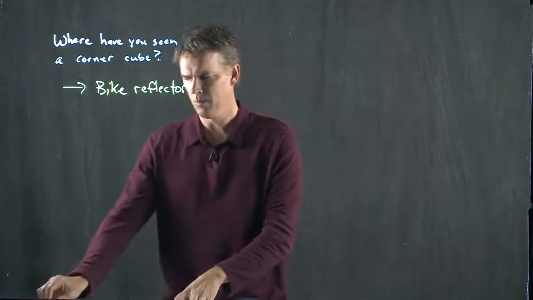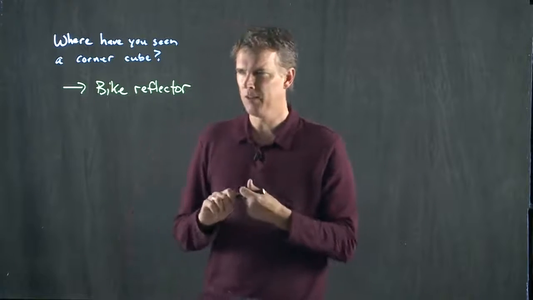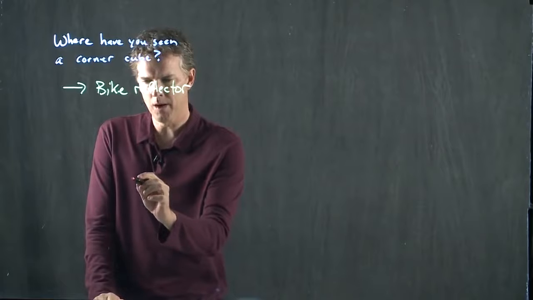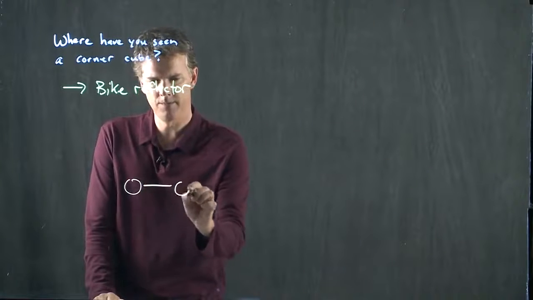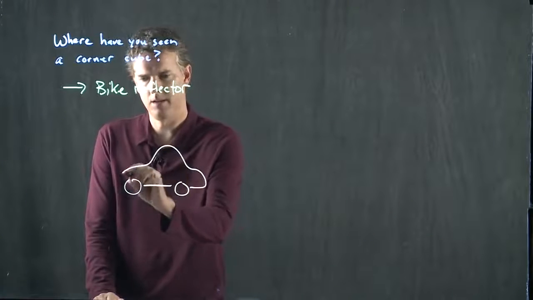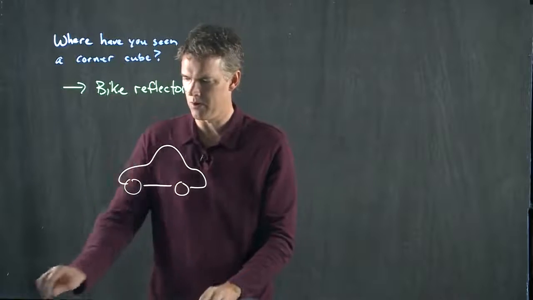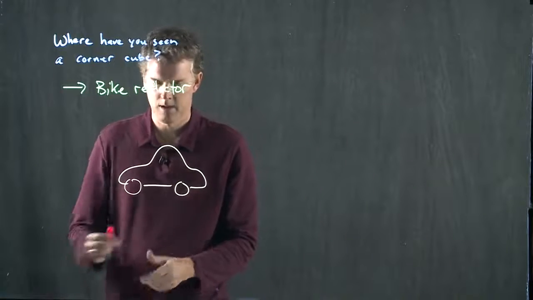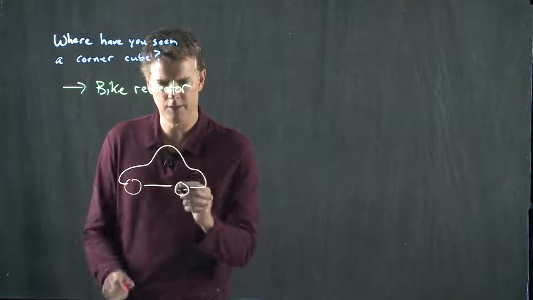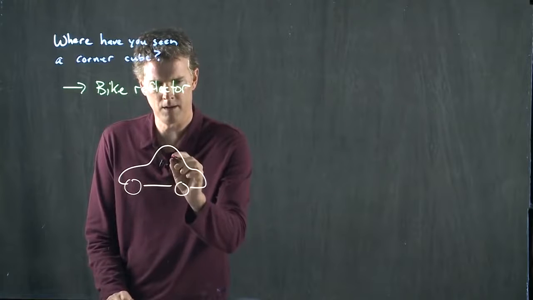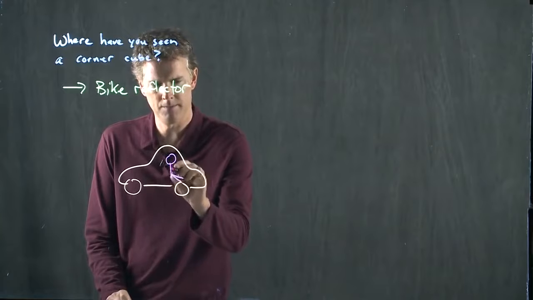All right? Why is that? Well, let's think about what happens when you're driving in your car. Here you are sitting in your car, okay, and you're looking out the front of your car. My car is looking a little backwards, but that's okay. Here you are.